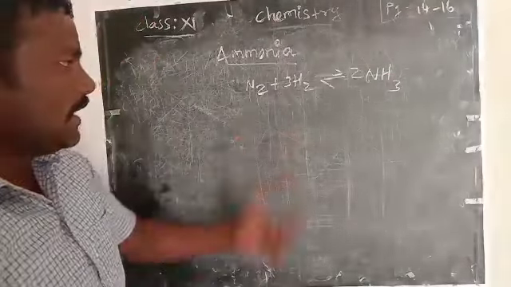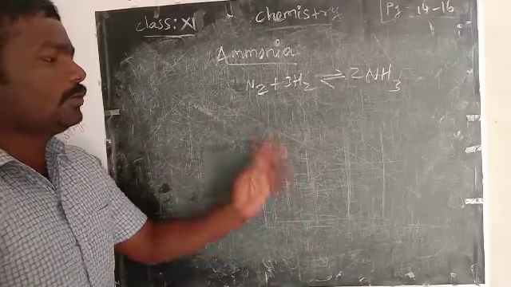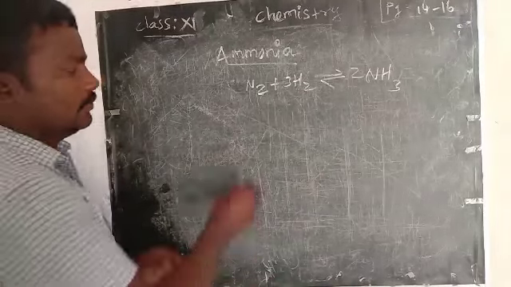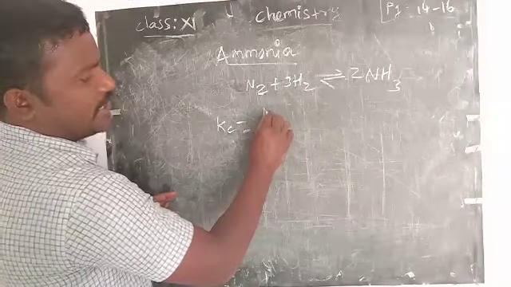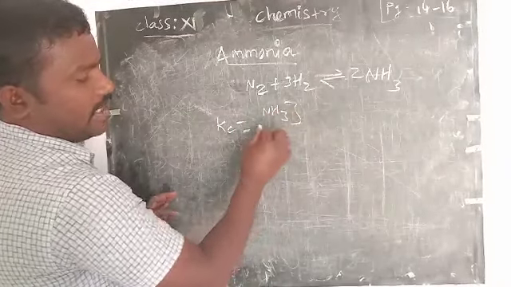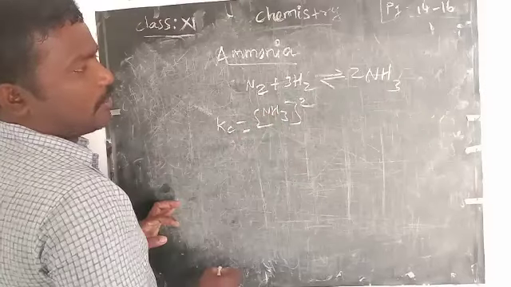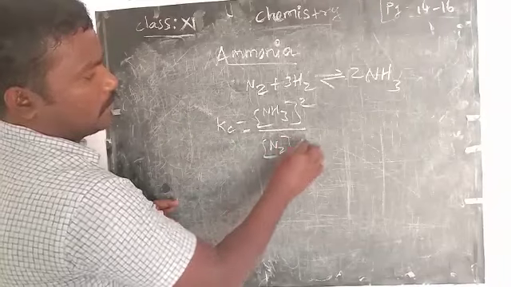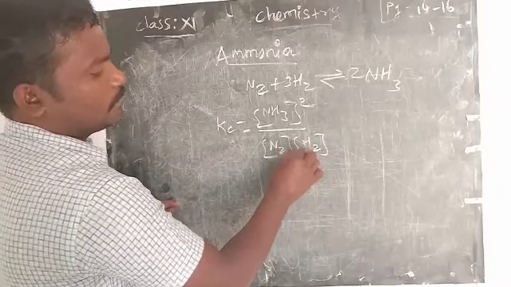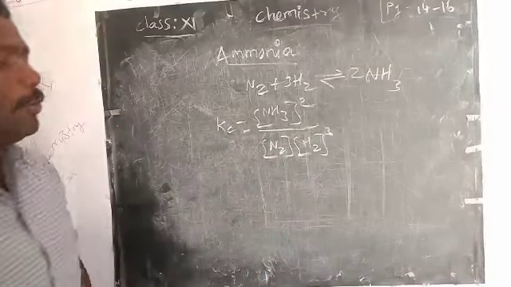Okay, for this reaction how do you write the Kc value? Kc is equal to the product concentration, NH3 squared, divided by N2 and H2 cubed.